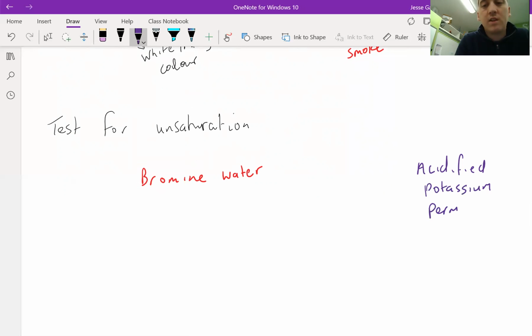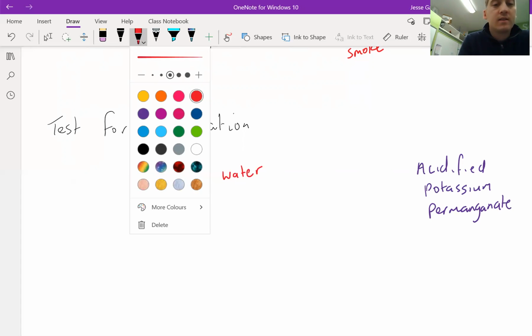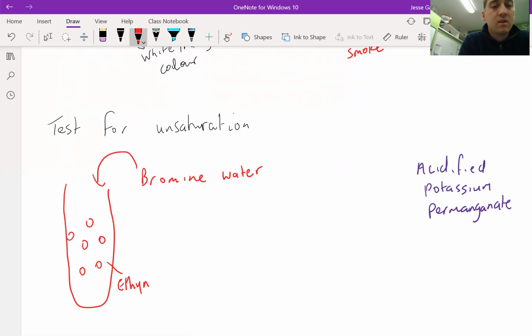Again, we went into more detail in these reactions in the previous video, but when we take our bromine water like this and we add it into a test tube of Ethine, Ethine is an unsaturated compound.